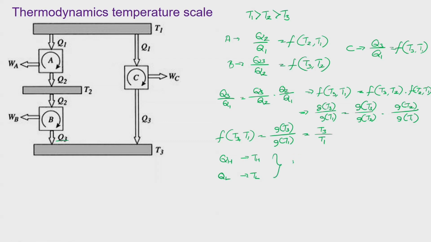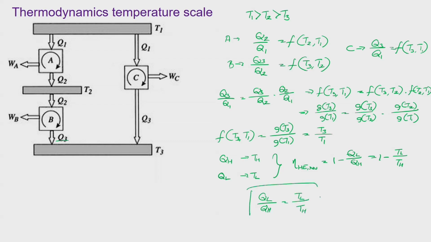The efficiency of this reversible heat engine is given as 1 minus QL upon QH, and therefore it is 1 minus TL upon TH, which is known as the Carnot efficiency. But for our purpose of temperature measurement, we are more interested in this particular situation: QL upon QH is equal to TL upon TH.